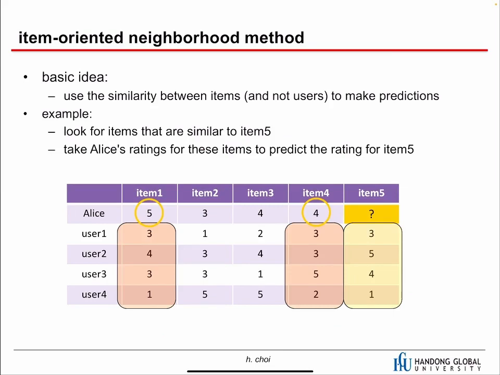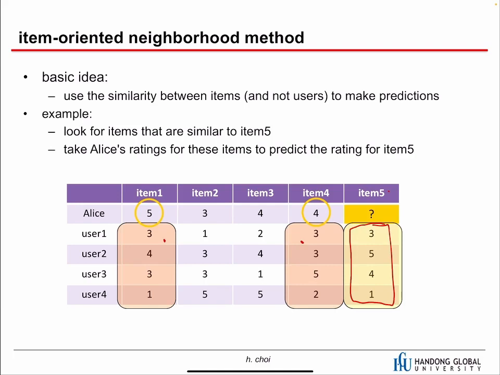In the previous slide, we used the user-oriented neighborhood method, but sometimes the item-oriented neighborhood method will be easier. The basic idea is to use the similarity between the items, not users, to make predictions. So look for items that are similar to item 5. In this case, item 5 has labels here, and based on these 4-dimensional vectors, we can find the similar items.